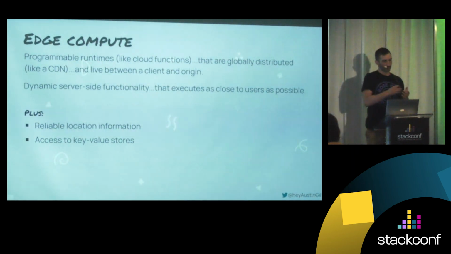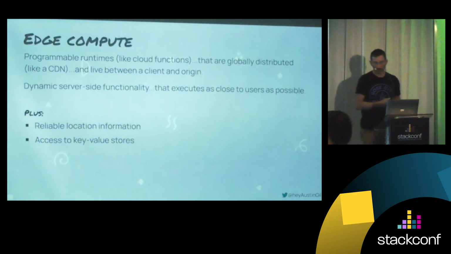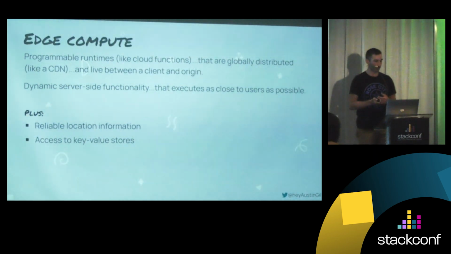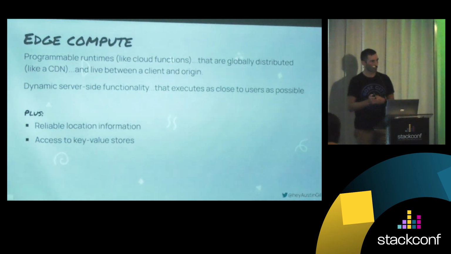Whereas when you have location information from the edge node, you have some pseudo information about where the user is making the request from. And most edge compute providers also give access to some data storage in a rudimentary key value store. So not necessarily something like SQL, but very useful for some of the use cases that we'll see.